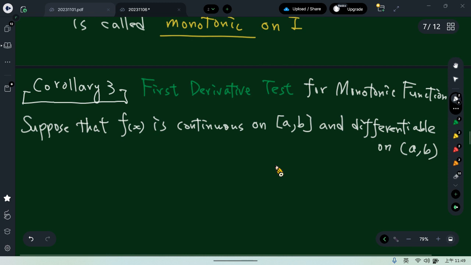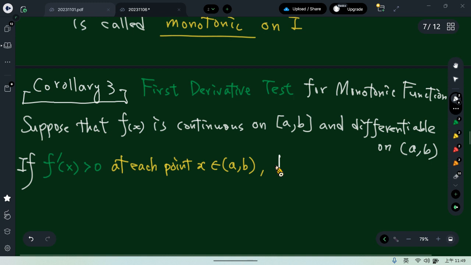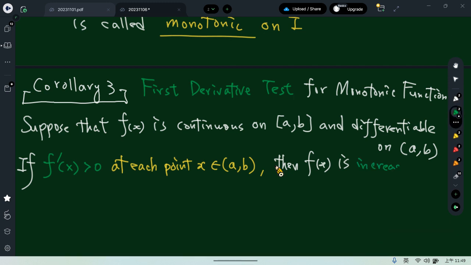Then if f prime of x is positive at each point x belonging to the open interval (a, b), then f of x is increasing on (a, b). Remember, at each point, f prime of x is always positive.